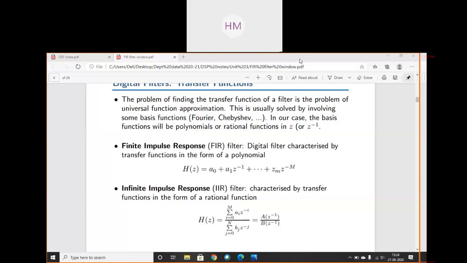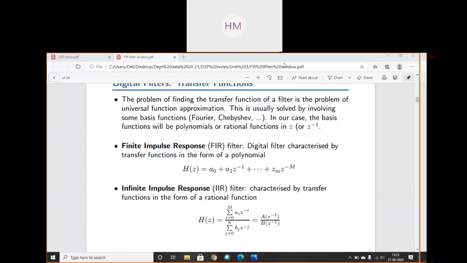Don't remember? FIR is a non-recursive system. Yes, this is the right answer. It is a non-recursive system. A recursive system involves feedback, which is infinite impulse response. Okay, so this we have discussed earlier.